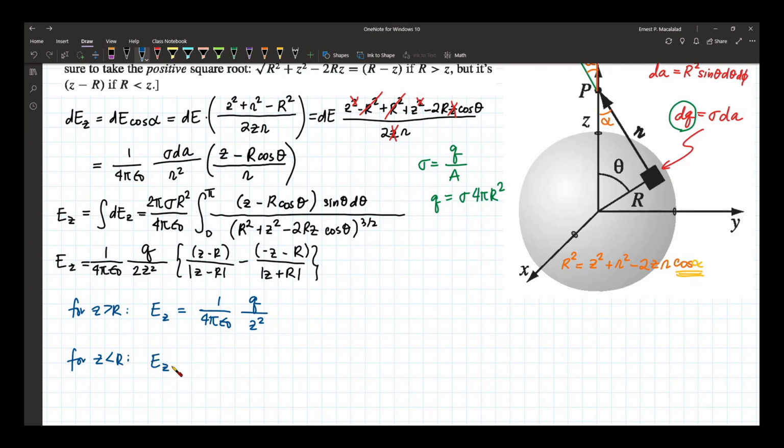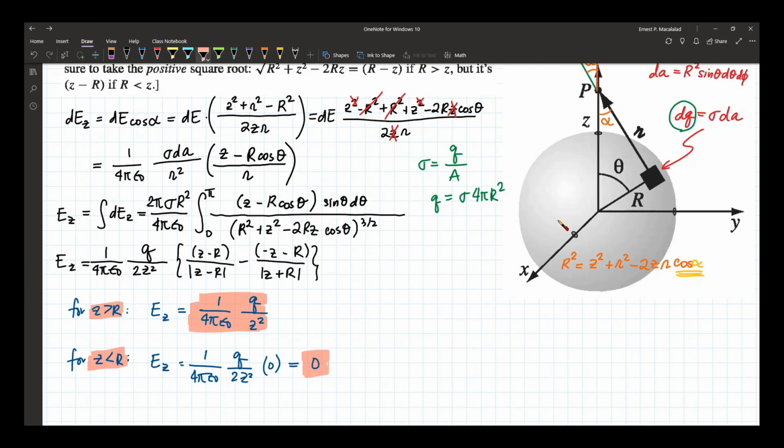Again, E_z equals 1 over 4 pi epsilon naught Q over 2 z squared. Now, if z is less than r, this should be negative 1 minus negative 1. So that is 0. That means the electric field inside of that sphere is 0.